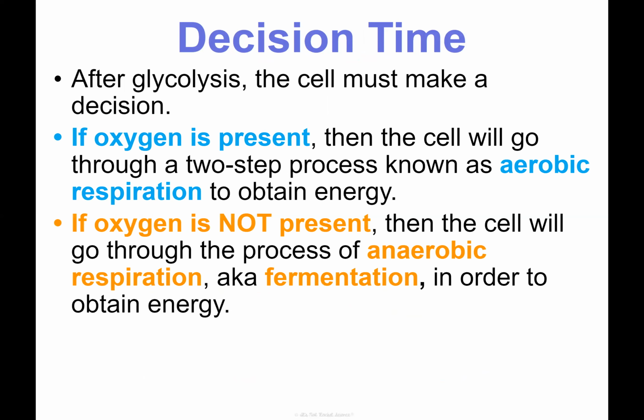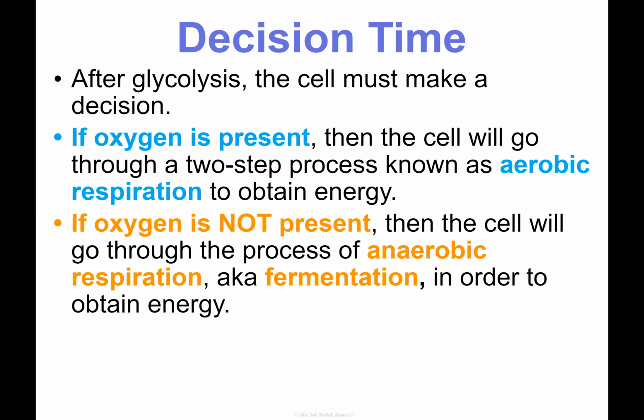So after glycolysis, the cell must make a decision, okay? If there is oxygen present, then the cell is going to go through a 2-step process known as aerobic respiration in order to obtain that energy. Aerobic respiration, of course, is going to have oxygen, and it's also going to produce more ATP, which is why if there's oxygen available, that is the route the cell is going to take.